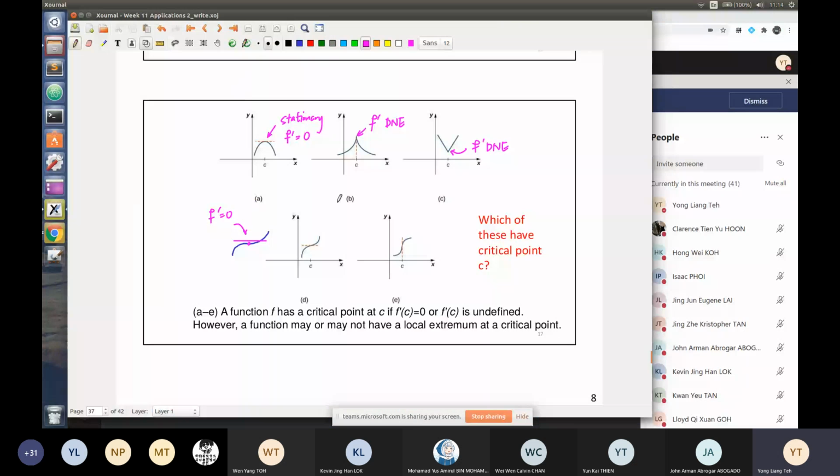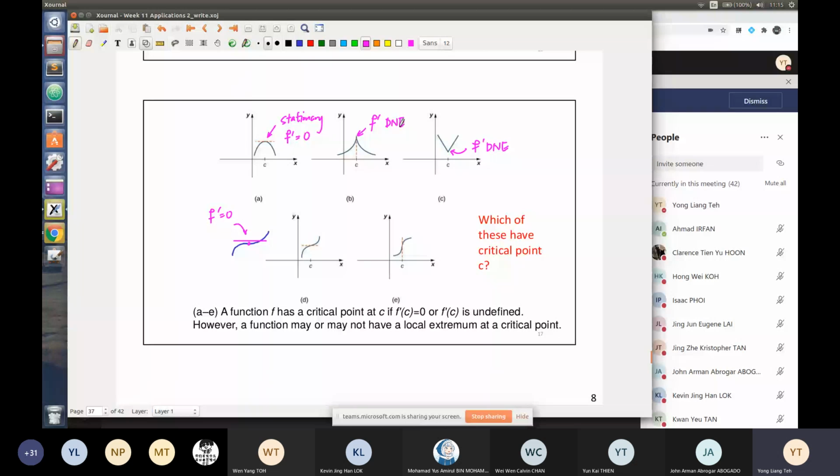Okay, let me continue. So as I was saying, right, Fermat's theorem states that if you have a critical point, then f prime equals to 0 or f prime does not exist. So therefore, if you want to find the local maximum or the local minimum, or generally just maximum or minimum points, then you have to look for f prime equals to 0 or f prime does not exist.